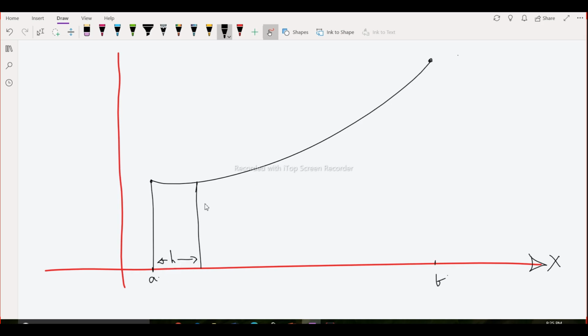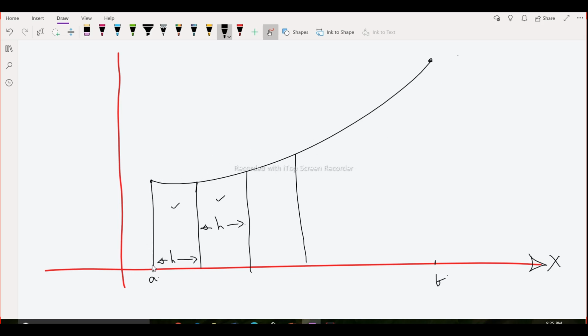Now I'll make a lot of rectangles which have the same width h. Obviously the height is not the same, right? Now I'll find the area of this rectangle, one more rectangle, and as many as I can get, and I will add all the areas. And that will give me the area under this curve.